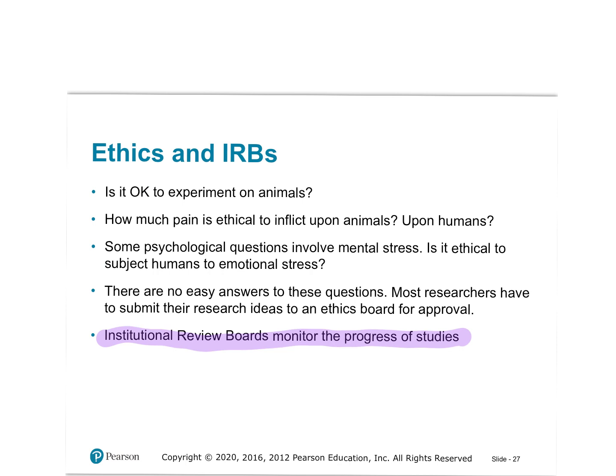The other thing to be aware of is that if there are experiments going on, there is such a thing as an institutional review board, which monitors the progress of studies that are going on. A lot of studies go on for years.